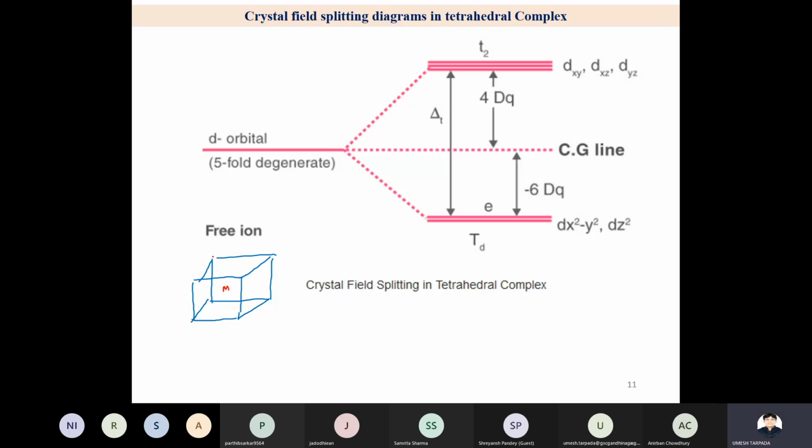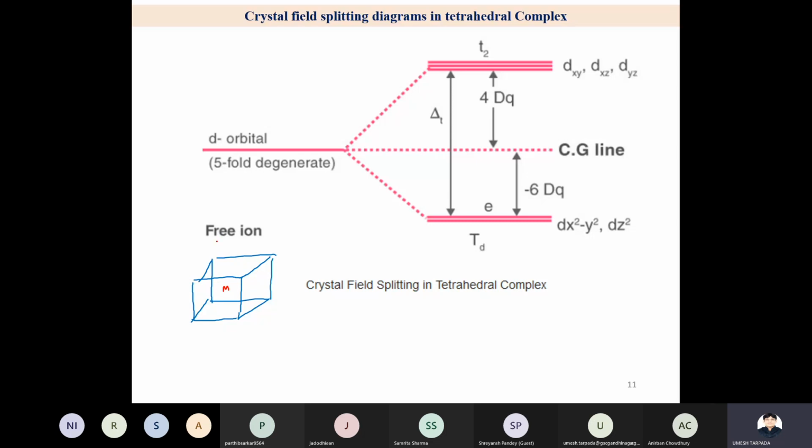Now see, the ligands in the tetrahedral field are present at four corners of the cube. Metal is in the center. This is a cube, we have imagined the cube, and in this cube we are going to draw the tetrahedral geometry.